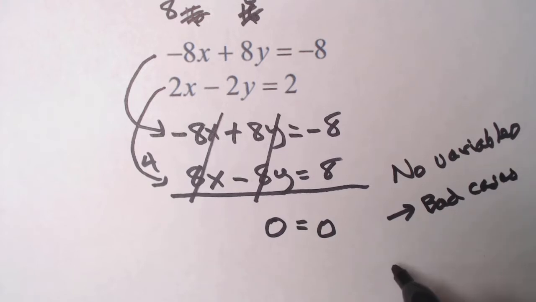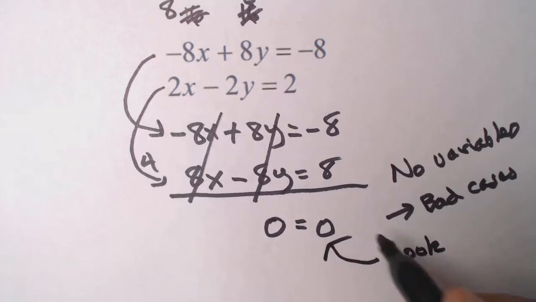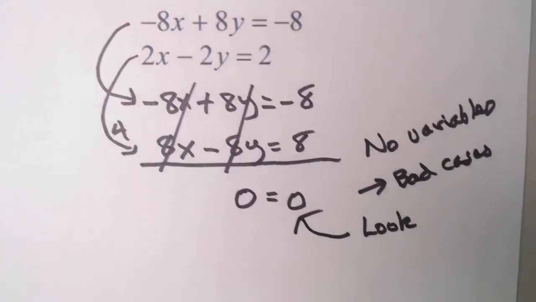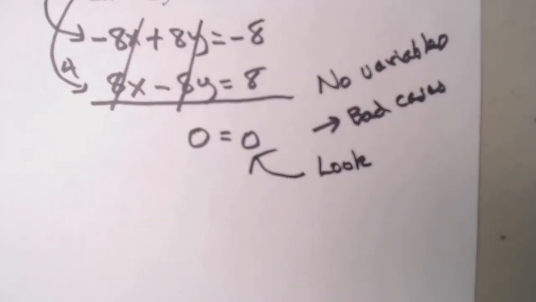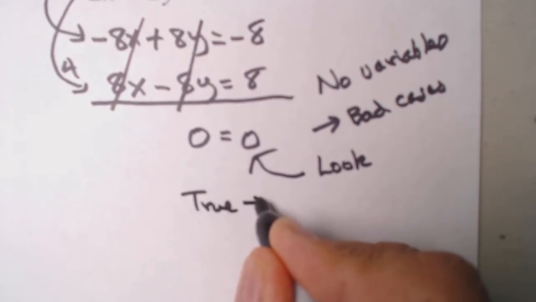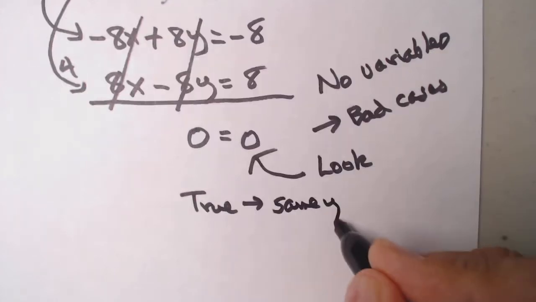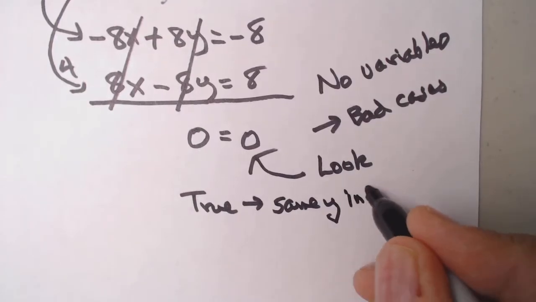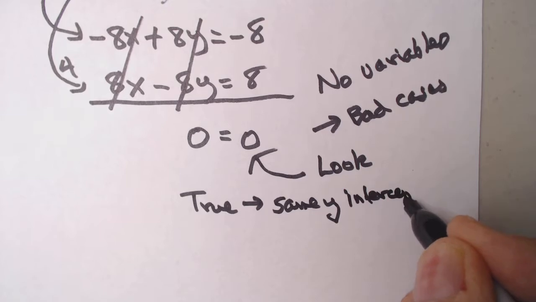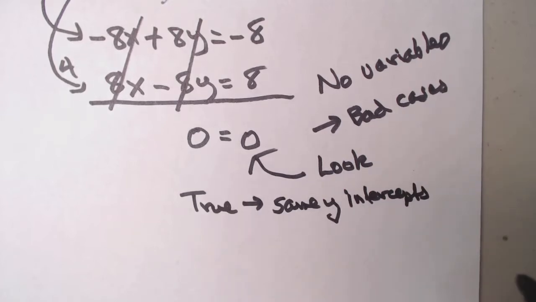Okay, so what you do then is you look at what's left. Okay, if that is a true statement, okay, if it is true, then that means that you have the same y-intercepts. Doesn't mean the intercepts are 0, it just means they're 0 distance apart.